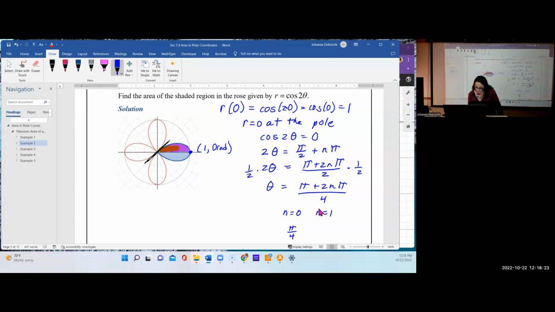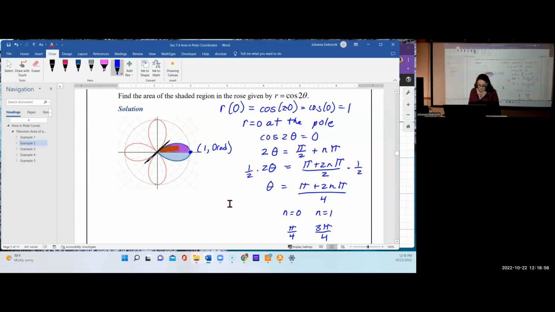So that would be pi plus 2 pi, which would be 3 pi over 4. So it must be that this next petal here at the bottom is traced between pi over 4 and 3 pi over 4. And so we can get the different petals coming around between where we can find it. So I could also integrate between pi over 4 and 3 pi over 4. That would work as well.